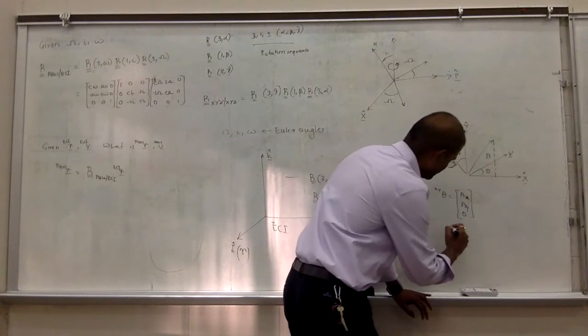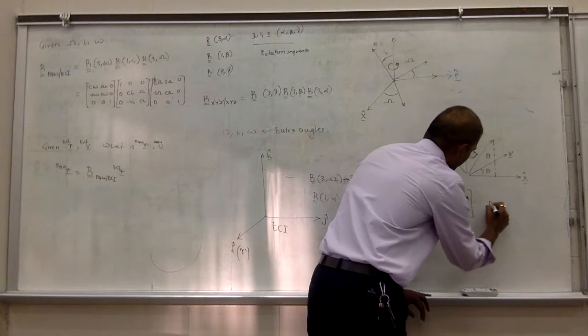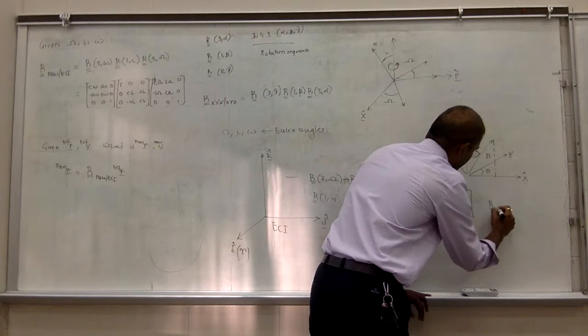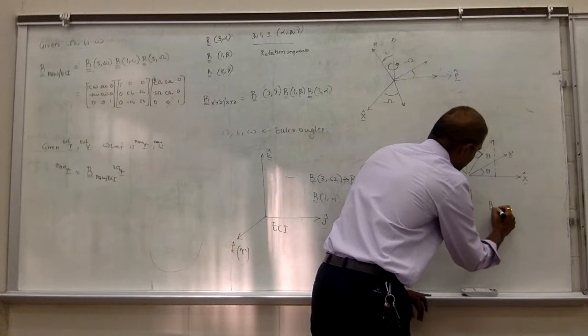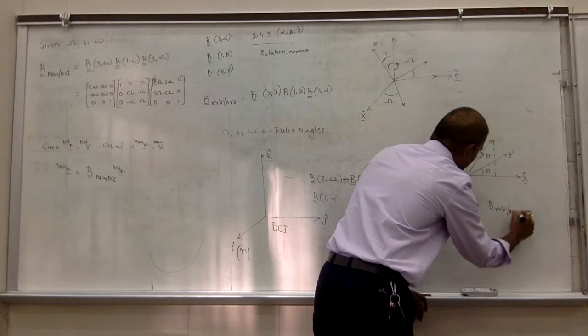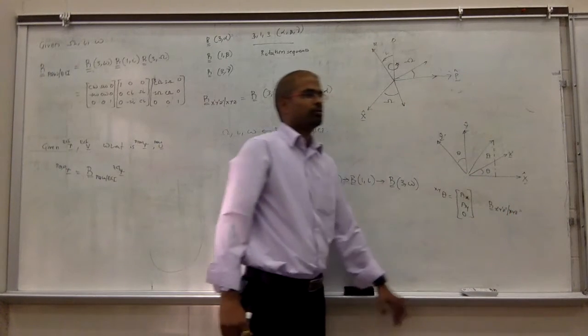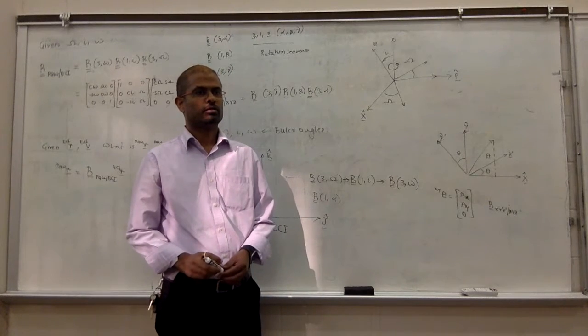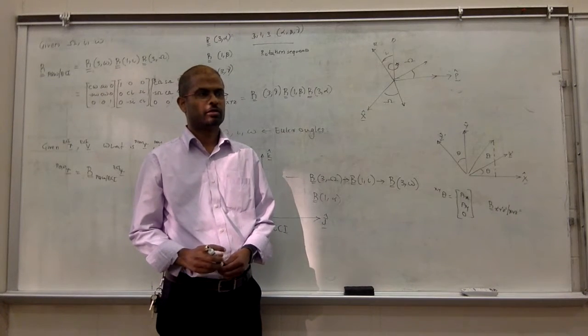Now tell me what is this? R. x prime, y prime, z prime, x, y, z. You gotta go backwards. Right.